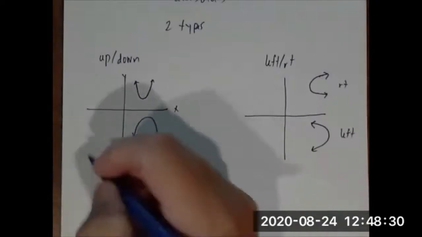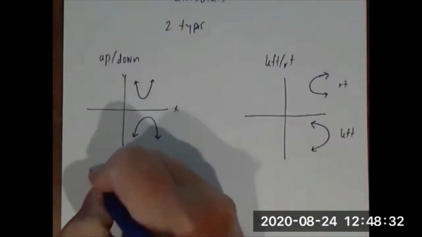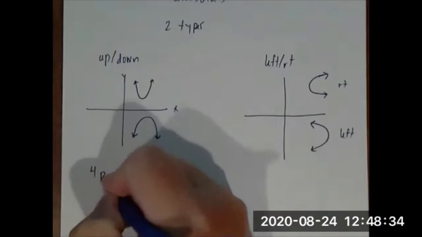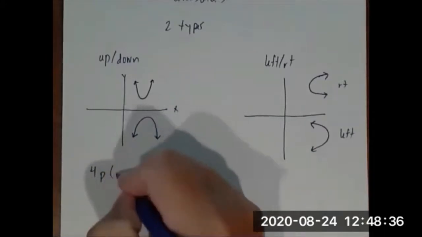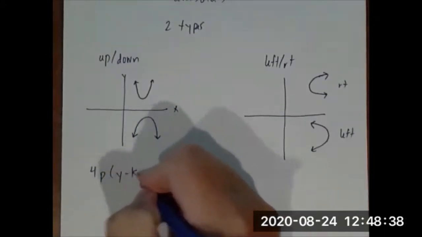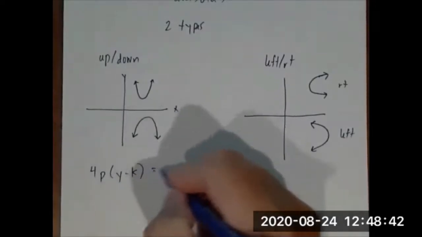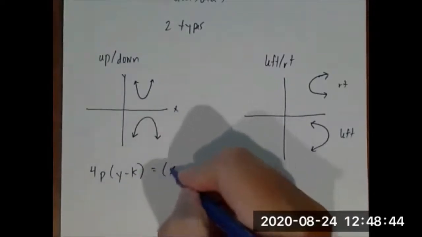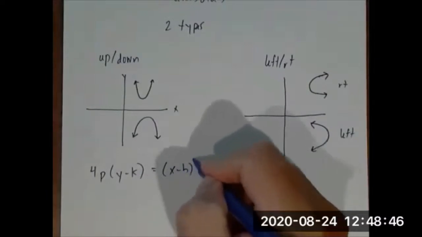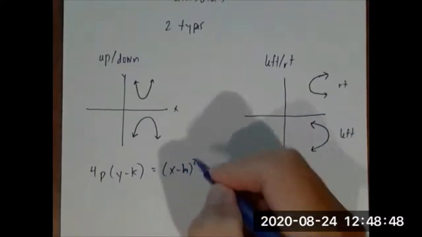For up and down parabolas, the standard equation is 4p times, in parentheses, y minus k, equals x minus h, in parentheses, squared.